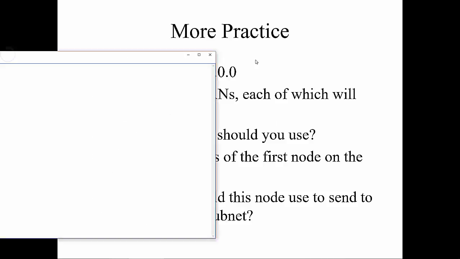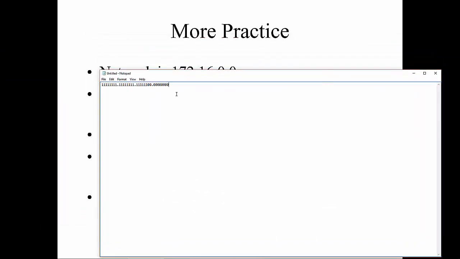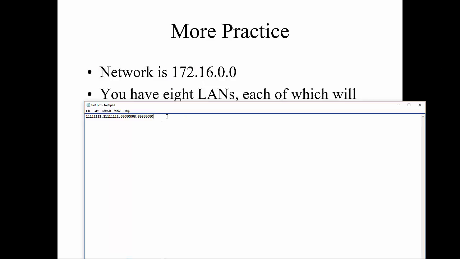So, one, two, three, four, oh, one more 0 there. So here's a /16. Could we break this up into 8 different LANs?